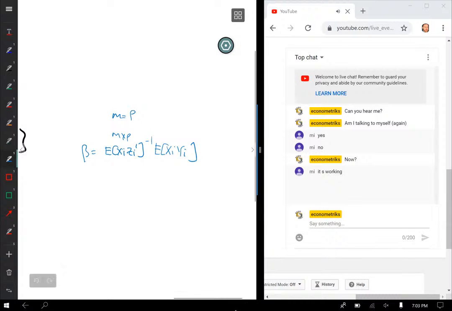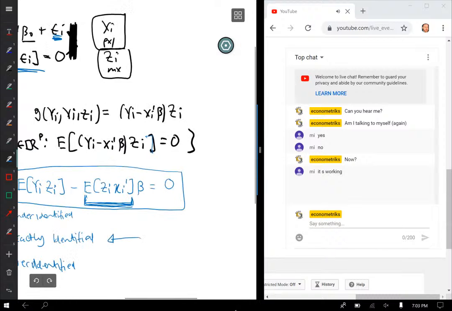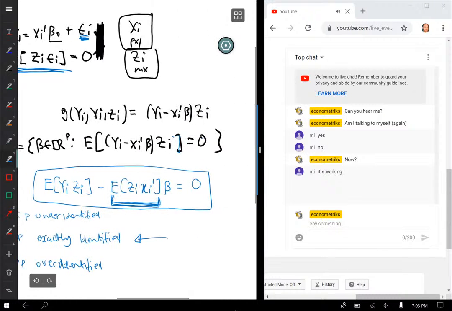Let's do an over-identified example. So what we just did was, let's take the just identified or exactly identified case. We saw there's a unique solution for all distributions of x and z and y where this is full rank.